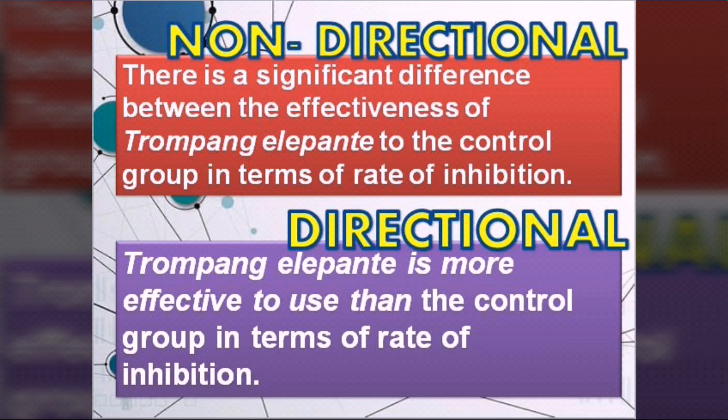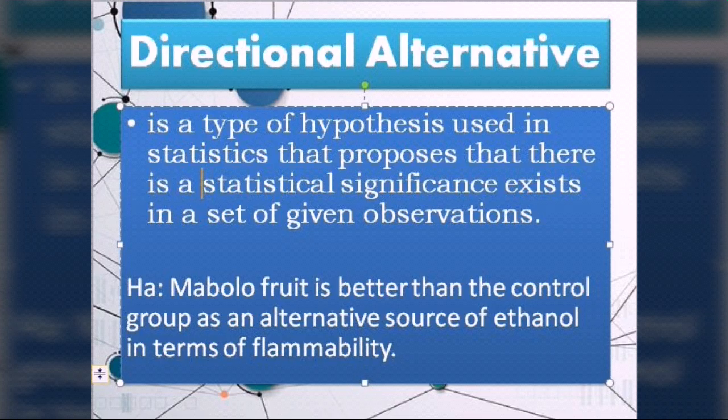Let's talk about the directional alternative hypothesis. A directional alternative hypothesis is a type of hypothesis used in statistics that proposes that a statistical significance exists in a set of given observations. Example, mabolo fruit is better than the control group as an alternative source of ethanol in terms of flammability.